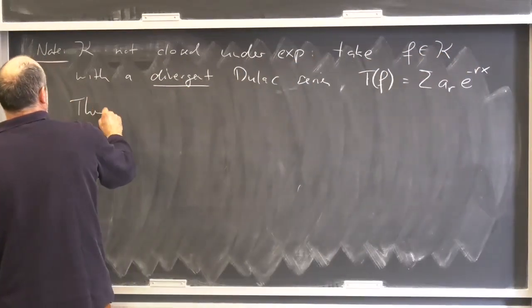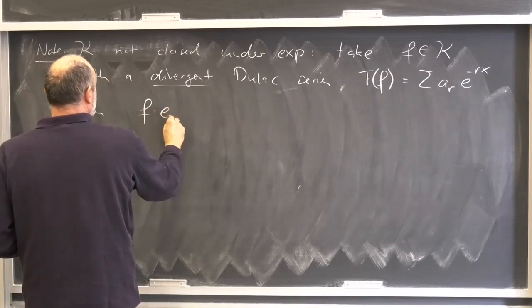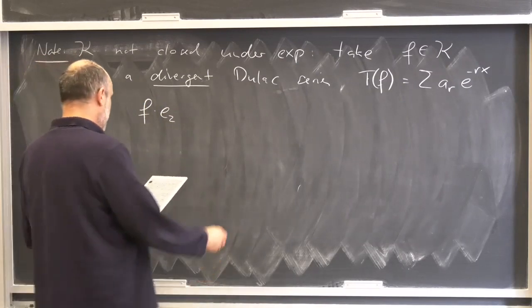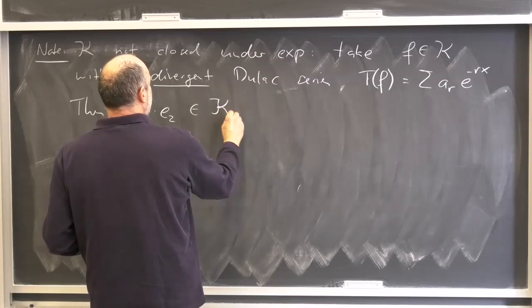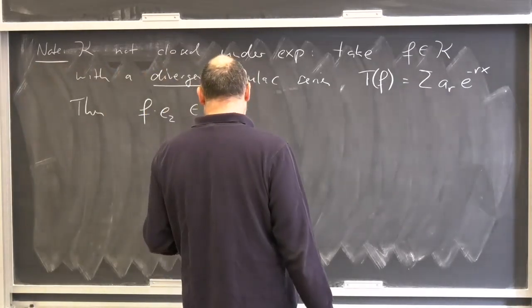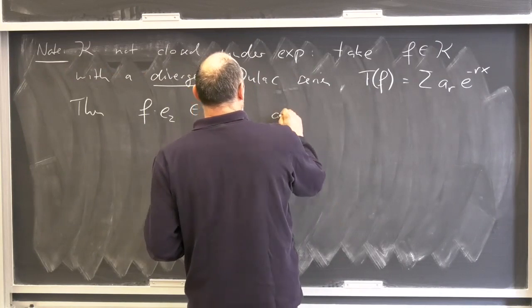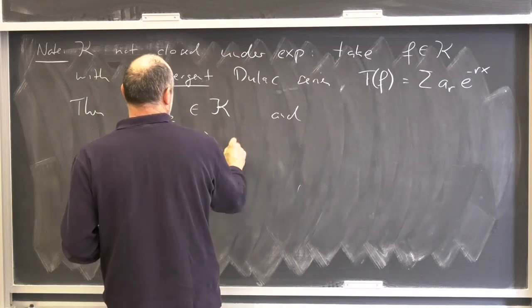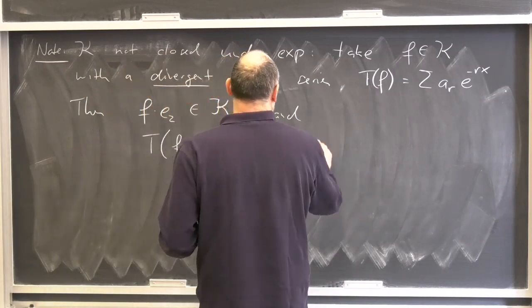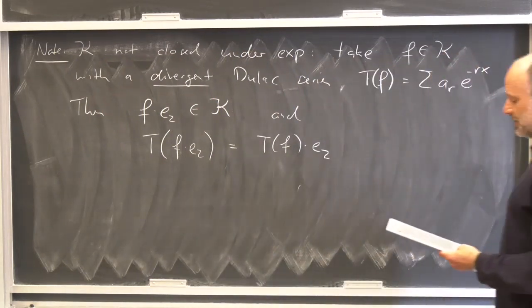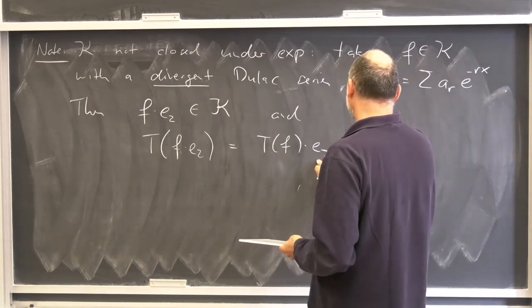Okay, so then F multiplied by e to the x, that's still going to be in K, because e to the x is in K. So that's still in K. And its series, of course, is just T of F times e to the x. So what's T of F times e to the x as a series?